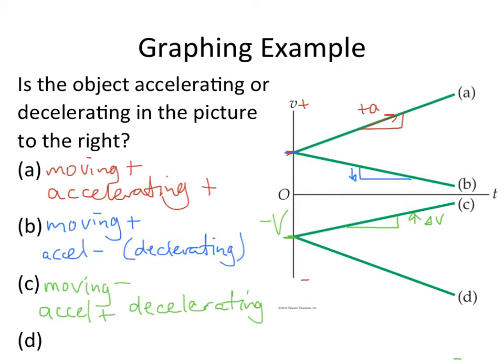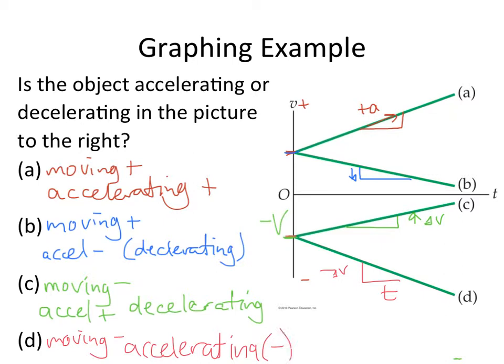All right, and finally this last one, let's make that, I don't know, pinkish or something like that. All right, so right here we're starting by moving negatively, and look, we have a negative change in velocity, or negative velocity change over time. So it's actually accelerating in the direction it was going, but it's accelerating negatively.